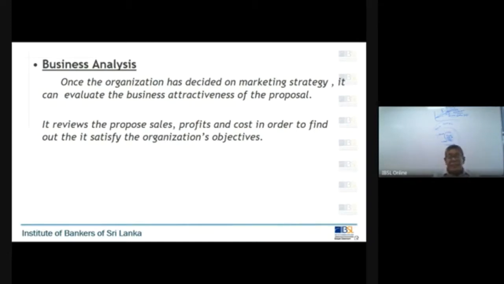So we have now decided the marketing strategy, and we look at the business attractiveness of the proposal. Sales, profit, cost, the organization's objectives, how much support you are going to give this product. Overall business analysis: what percentage will come from this product to the total output of your business?